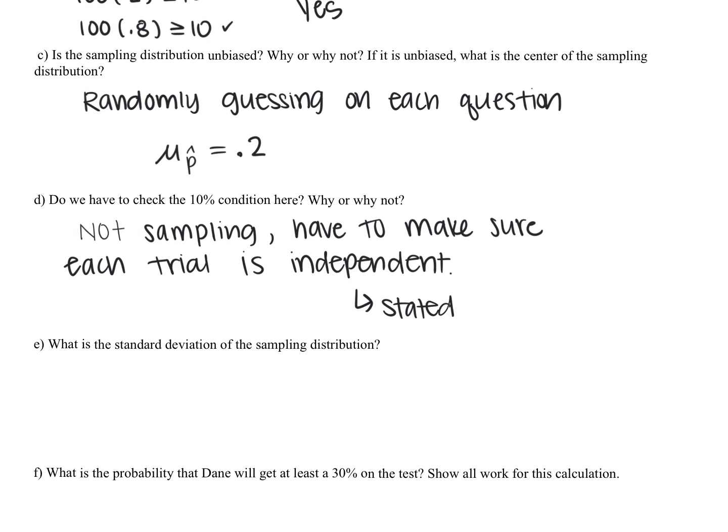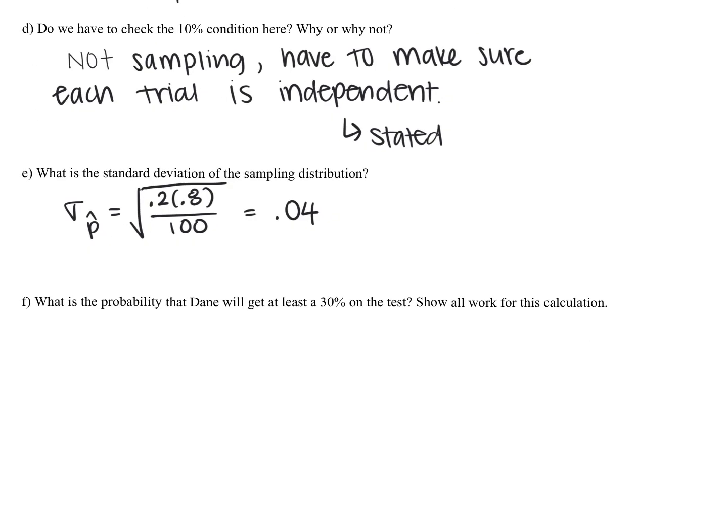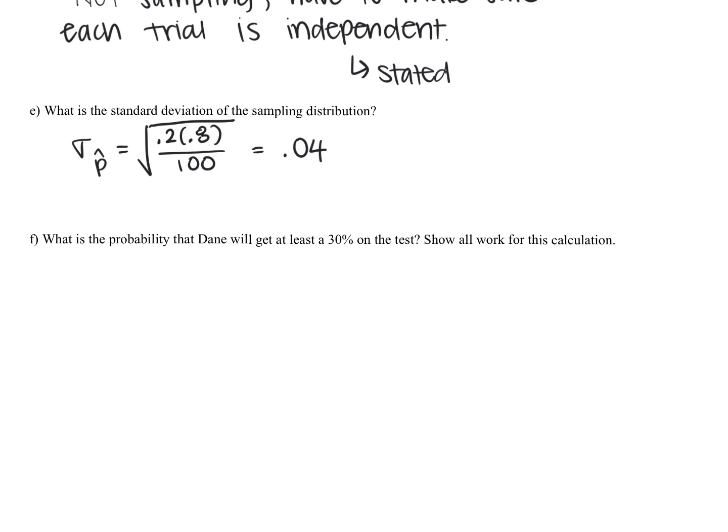So now that we know it's independent, we can calculate our standard deviation. So our standard deviation of our sampling distribution is the square root of 0.2 times 0.8 all over 100, which is 0.04. So now we've done all that, we want to find the probability that Dane will get at least a 30% on the test. So we want to find the probability that p hat is greater than or equal to 0.3.